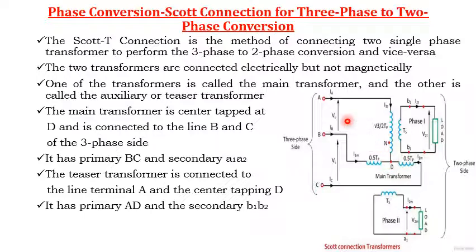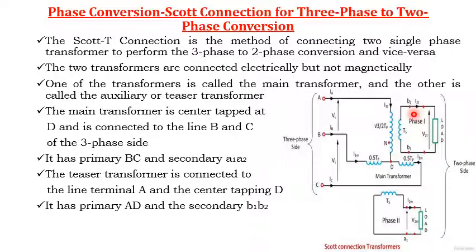So the teaser transformer is center tapped at point D of the main transformer, since the teaser transformer primary is A to D. See, this is the three-phase side A, B, C, and this is the two-phase side. What are the two phases?